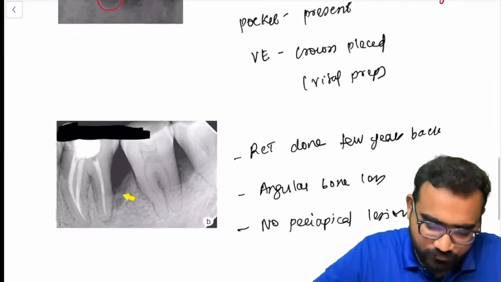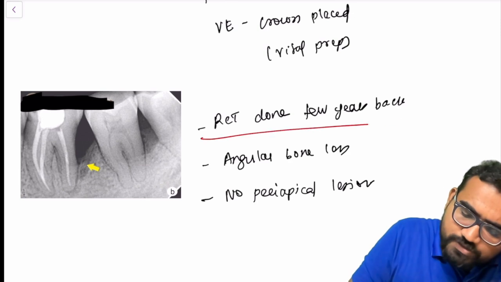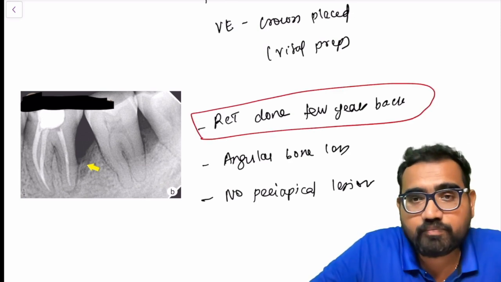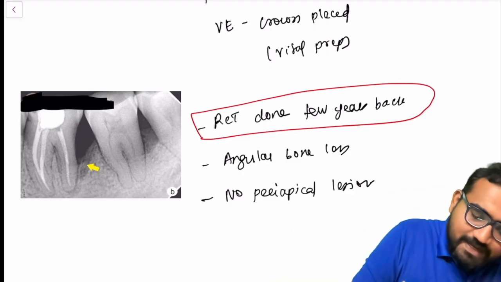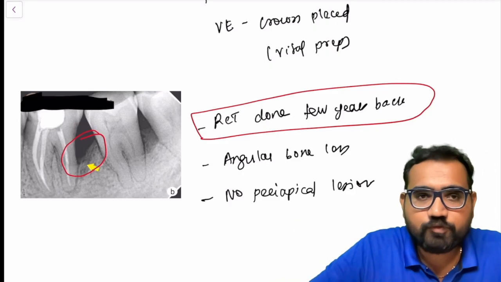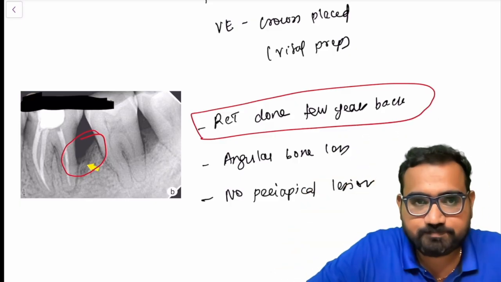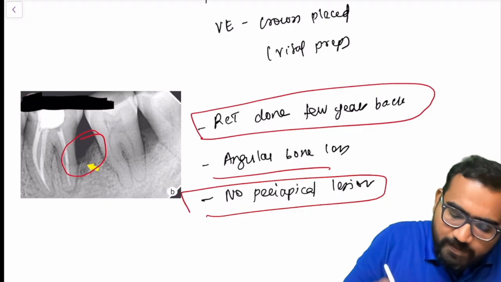Okay, next case. So look at this patient. Root canal treatment was done a few years back. I can see angular bone loss. Okay, so my first thought will be food impaction. And there is no periapical lesion.